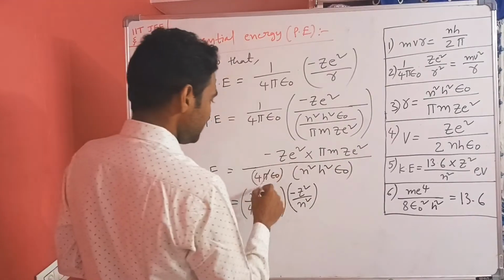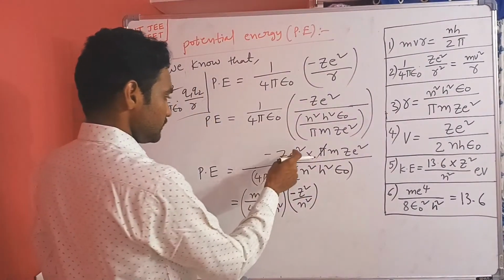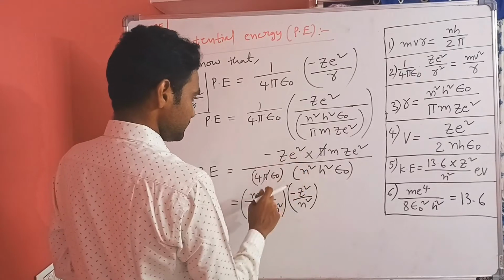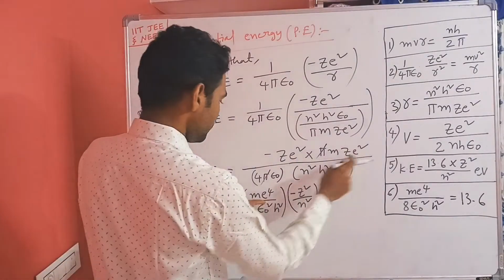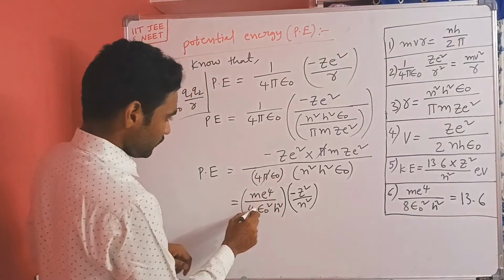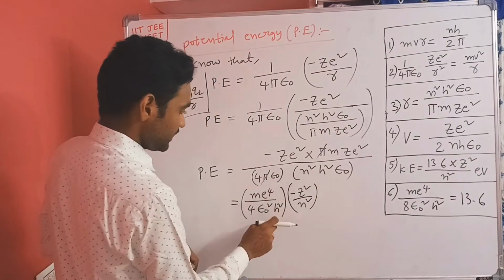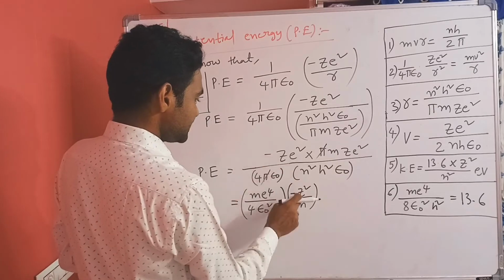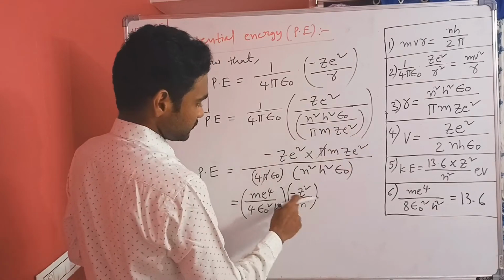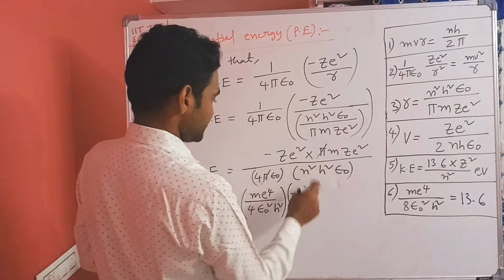Okay, now here pi will cancel. Now which one remained? m e power of 4 by 4 epsilon naught square h square into minus Z square. So minus is also there, by n square.